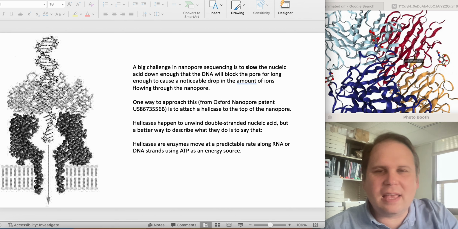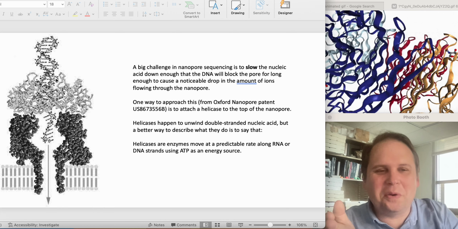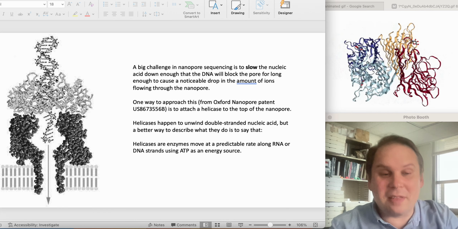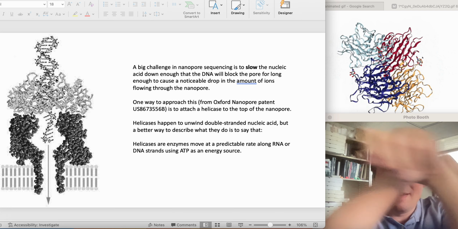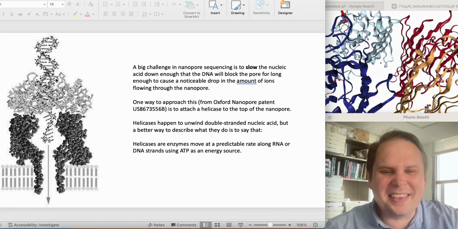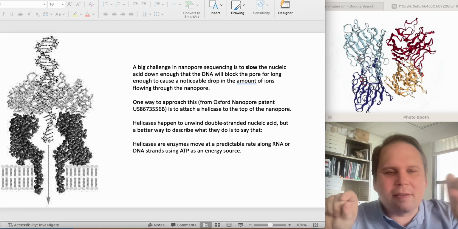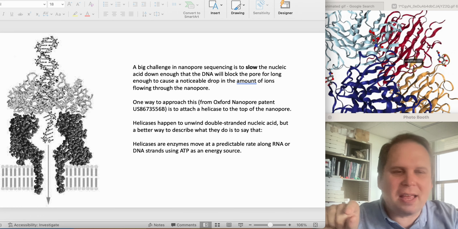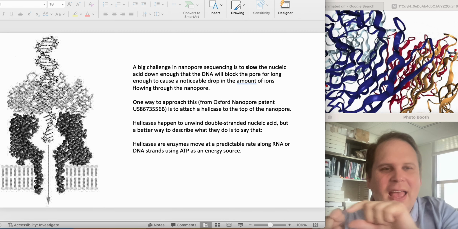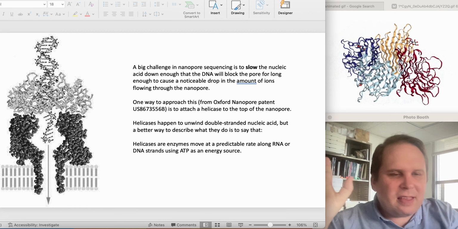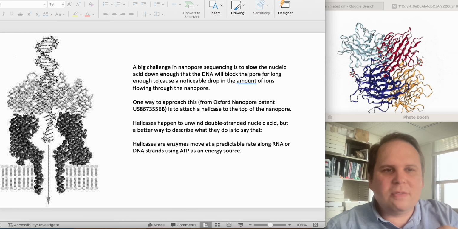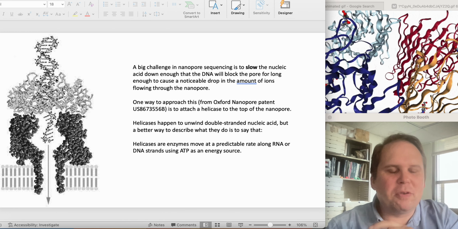Helicases, you've probably heard of them: they unwind double-stranded DNA. But what a helicase really does is move along a strand of DNA or RNA, but let's say DNA, and it happens to unwind anything it runs into. It's going to use ATP to power that movement.